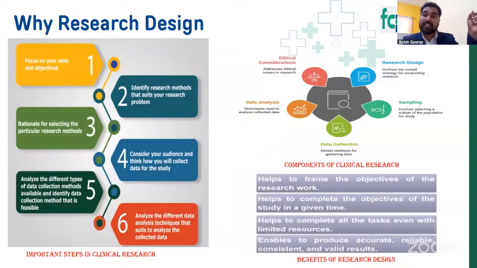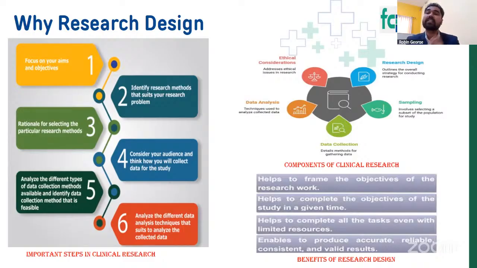For the objective we set in the first step, we now have to select which research methodology to follow. Please read the third step: the rationale for selecting the particular research design.